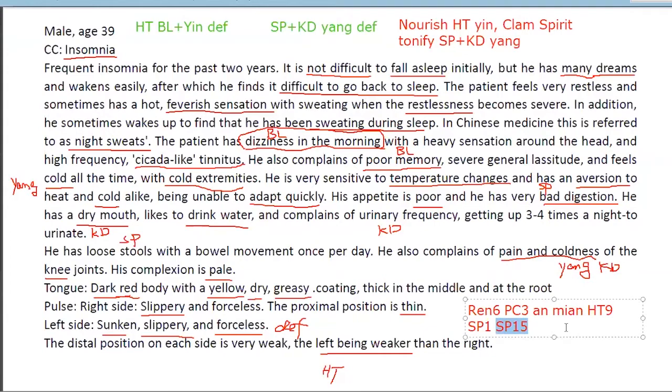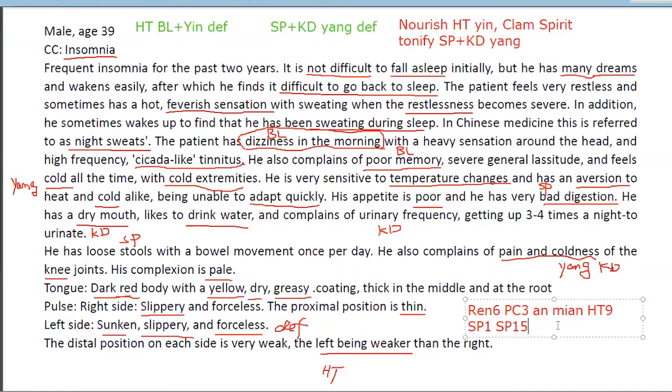So that's all the points in the book. Oh yes, you're right, I'm wrong. Heart 9 is a general point, it's not the resource point.